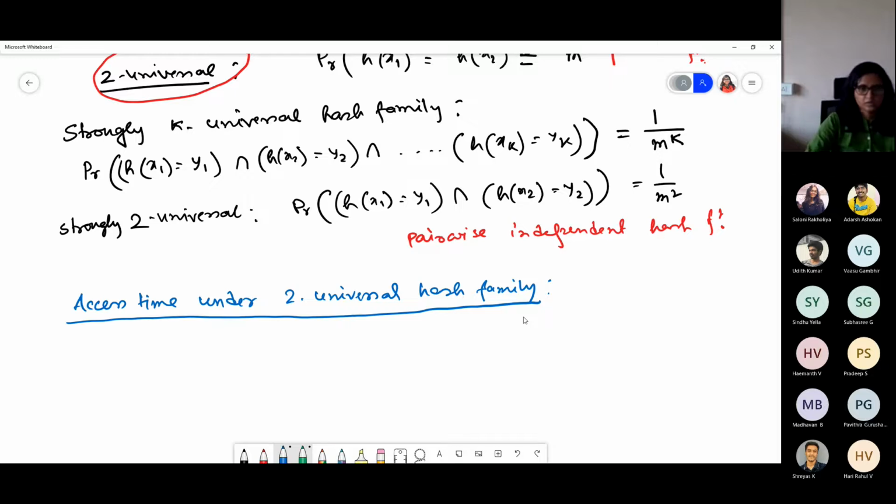So say I take this event that h of xi equals h of xj. This event means a collision has happened and xi and xj are mapped to the same slot. Now say this event is indicated through an indicator variable xij.